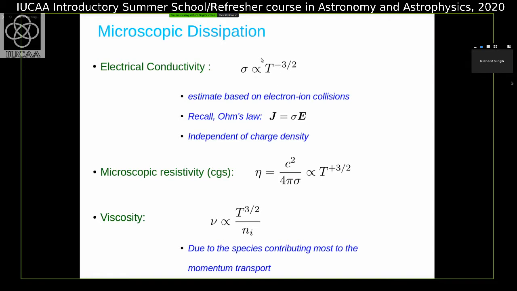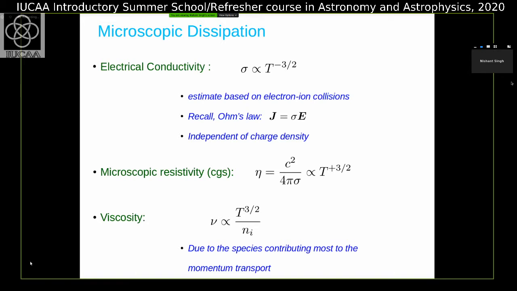So it basically increases with temperature, which is also what you expect. You increase the temperature, more ions are present. That will lead to larger and larger conductivity in the medium. Okay. So the microscopic resistivity is defined as c squared by 4 pi sigma in the CGS unit. That becomes T to the minus 3/2.